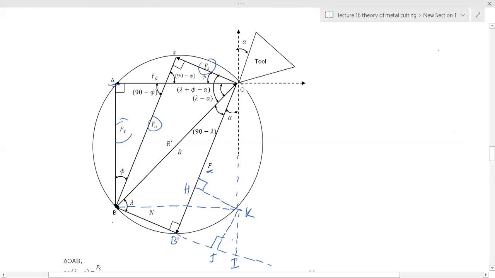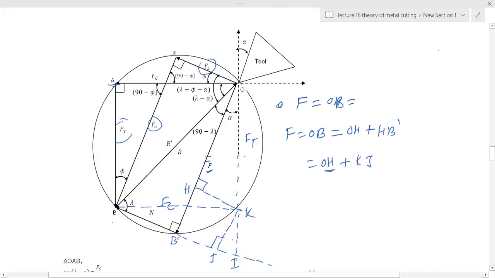Okay, fine. So this is your Ft, and this is your Fc length. So F will be your OB, which is equal to OH plus HB dash, and we can write HB dash as KJ.